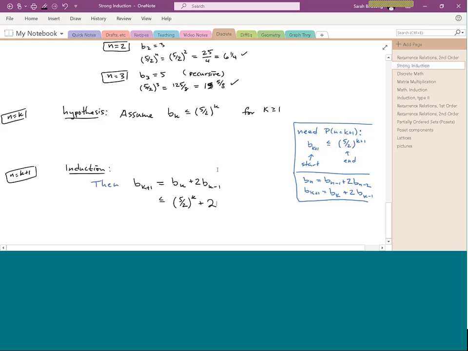In other words, what do we replace this b with a subscript k minus 1 with? Oh, please don't replace it with 0. Please don't.